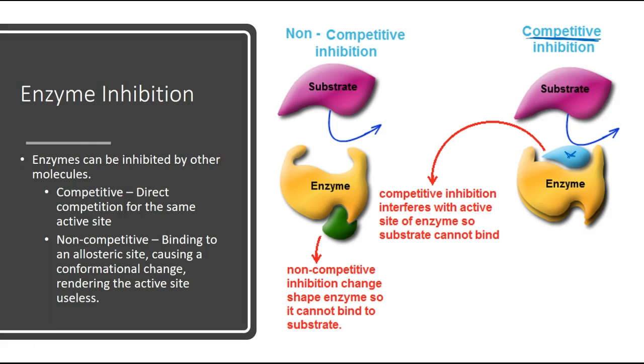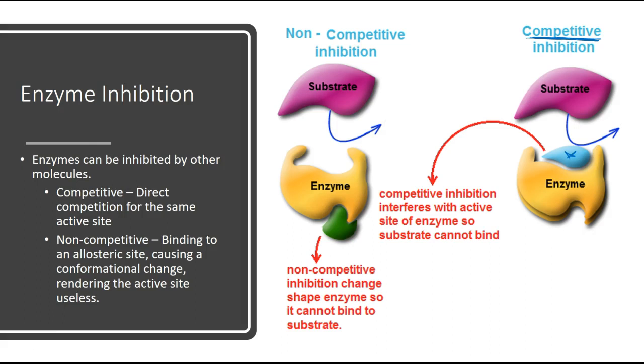If you remember from the enzyme function video, we talked about the substrate being the key, the active site being the keyhole, and the enzyme being the lock. And so if you were to stick something into the keyhole that is not the key, that substance may in fact fit, but is not going to open the lock.